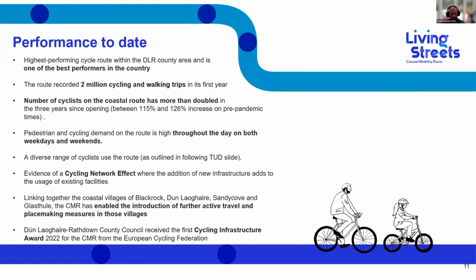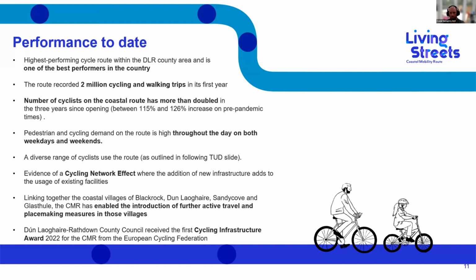Yeah, so the 2 million walking and cycling trips were recorded by the counters that are along the route. So we have pedestrian and cycle counters that pick up pedestrians that pass a point and cyclists that pass a point. So if they were on a bike or they were walking, that was considered a trip. But that's distinct to, that's just the record of numbers that we gathered.